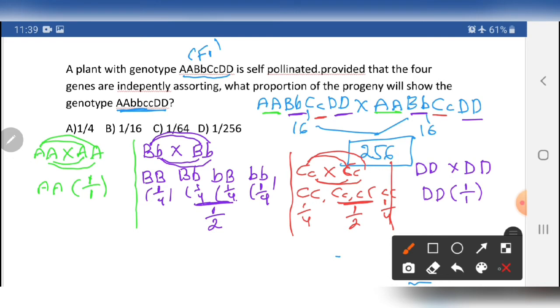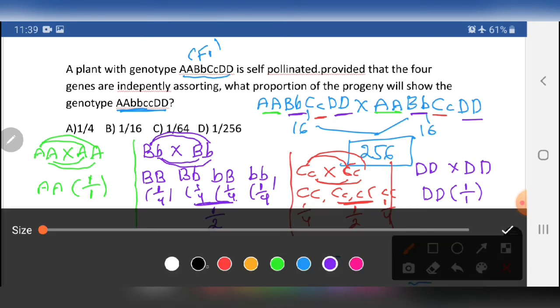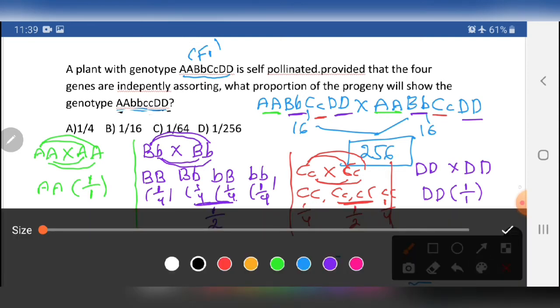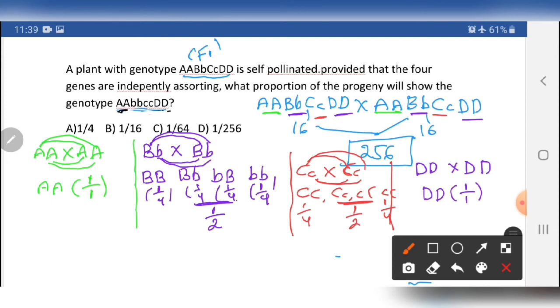So our question, let me see our question. Our question is, what about these values? What about AA? AA value is 1 by 1, and BB, both are homozygous, small b small b.